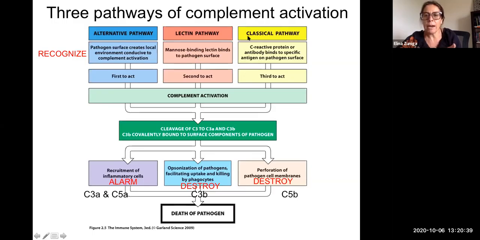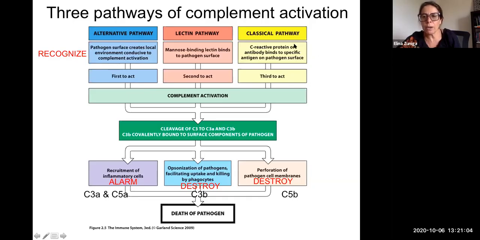Finally, the classical pathway is the third one to act. This can be initiated by C-reactive protein, which is a protein produced by the liver after the liver has been signaled by cytokines produced by the innate response.